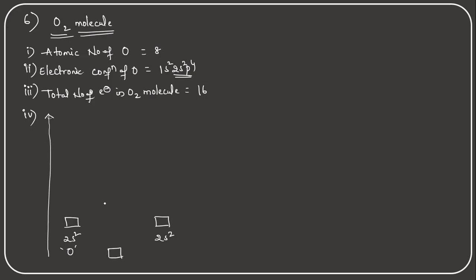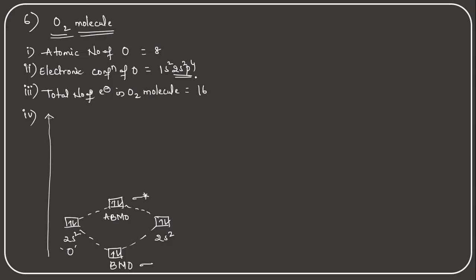They merge together and form a bonding molecular orbital and an anti-bonding molecular orbital. This is represented with sigma, and this with sigma star. Here two electrons, and here also two electrons.